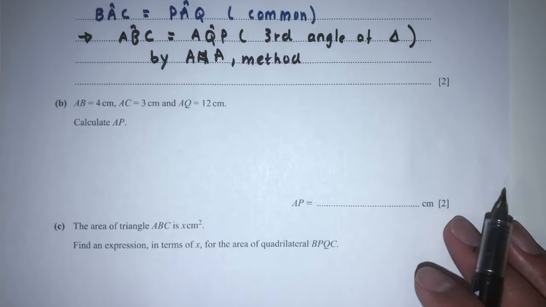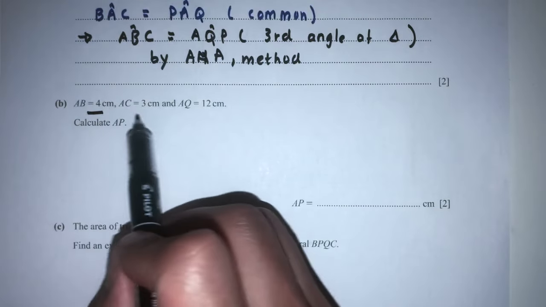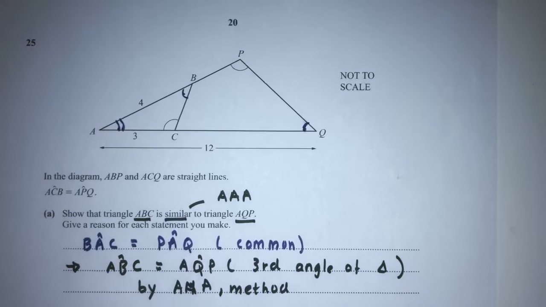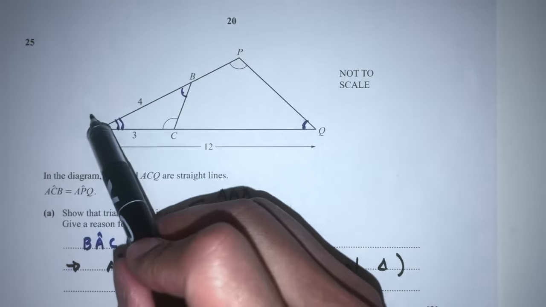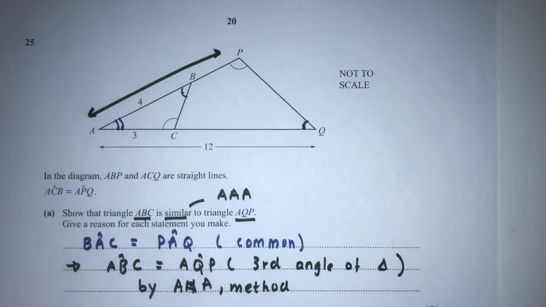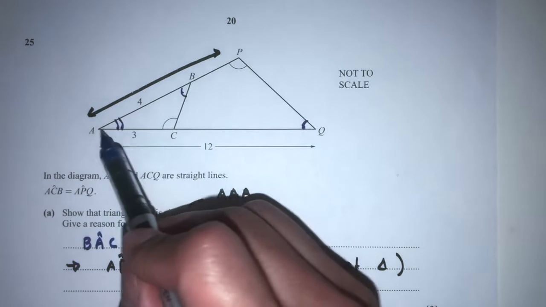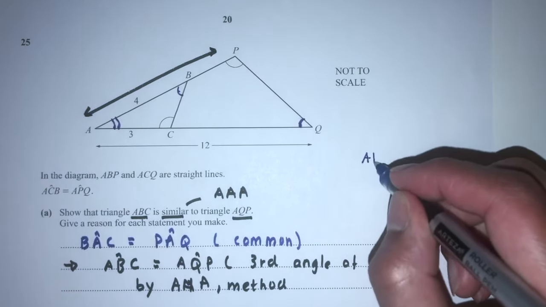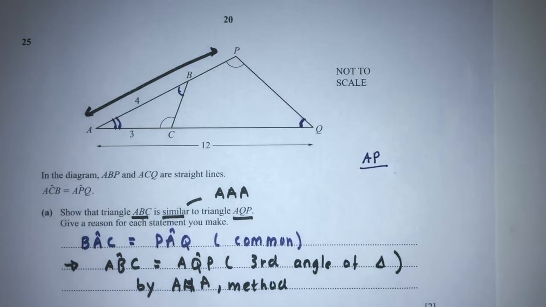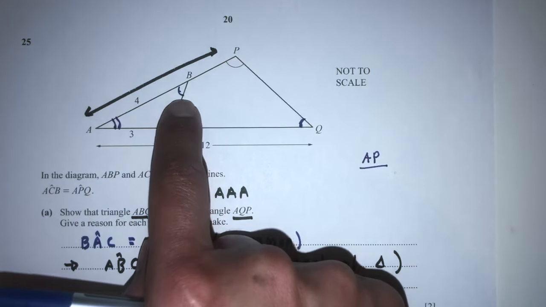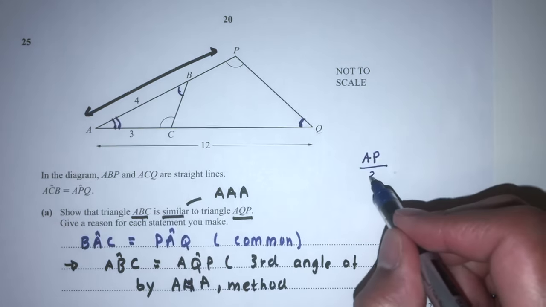Now for part B, we have AB is 4, AC is 3, AQ is 12, find AP. So where's AP? AP is this big one. So we have to obviously use similarity to find this side. AP is opposite this angle, so let's write AP on top. This angle will be the same as this, opposite will be 3.